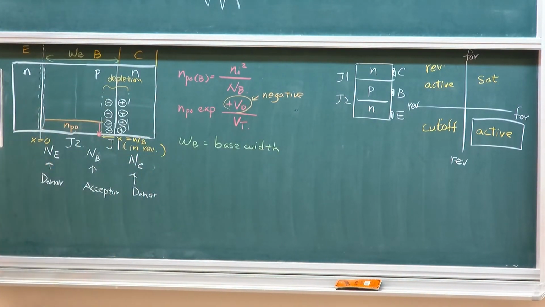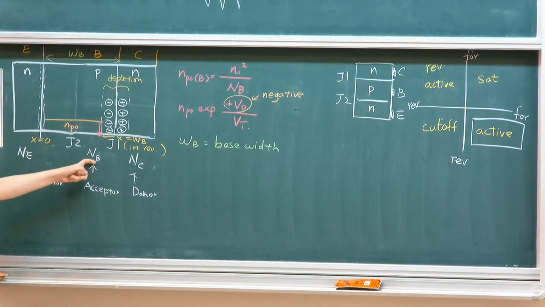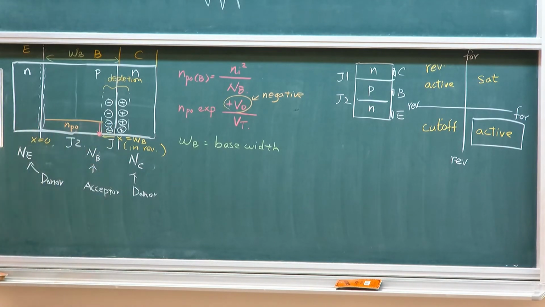So let me summarize this. We start with doping concentration Ne. These are device structures, device parameters. So Ne, Nb, Nc, these are device structures. And of course, how wide the base is is also a device structure.